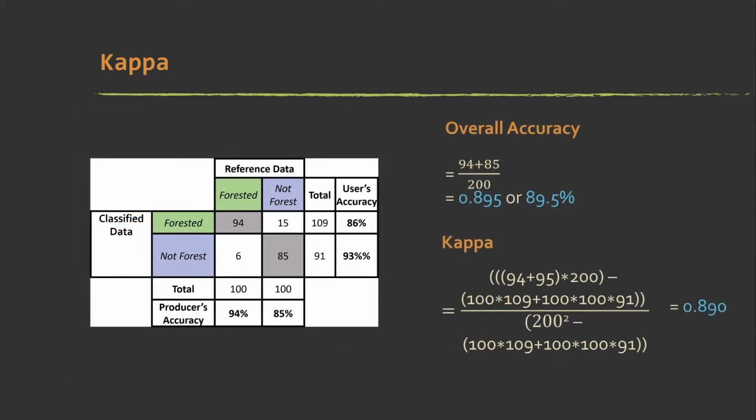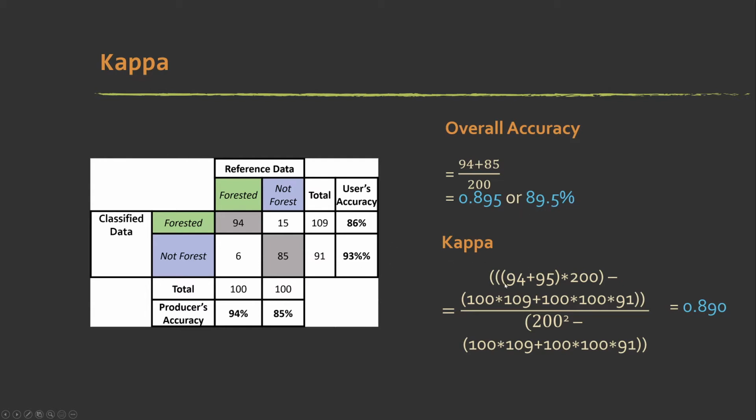Here's just another example with binary classification, so just forest versus not forest. Basically, it's the same thing. For overall accuracy, we take the diagonal, 94 and 85, divide by the total, which is 200. That works out to 89.5%.